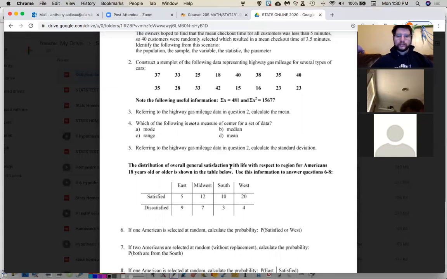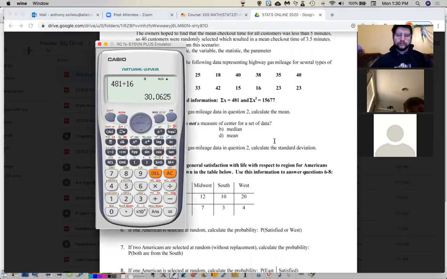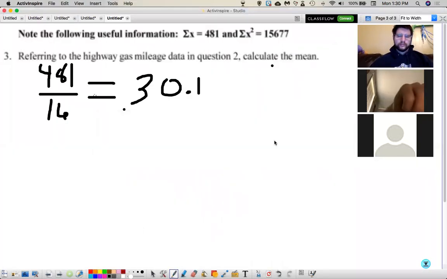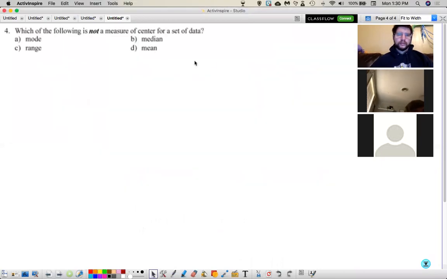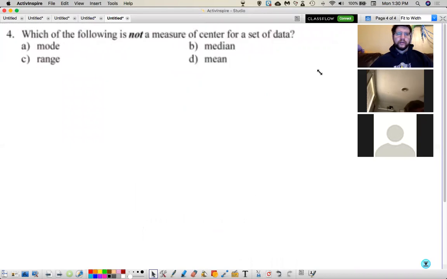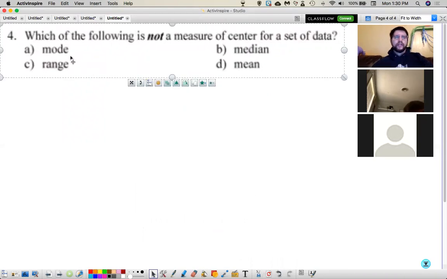Which of the following is not a measure of center? Well, the mode, median, and mean are your 3 measures of center.